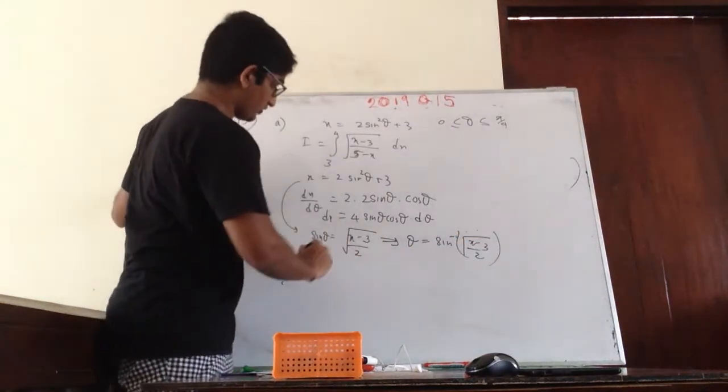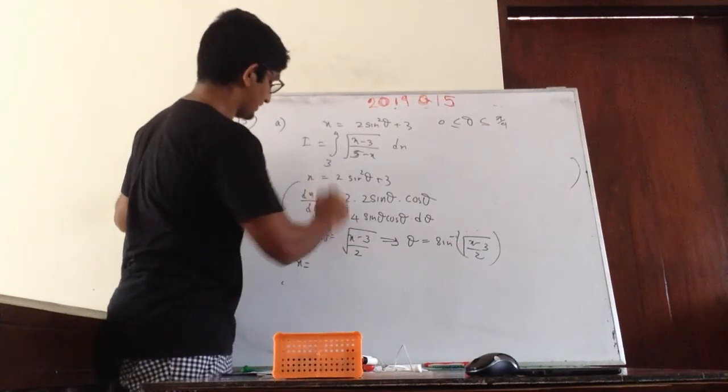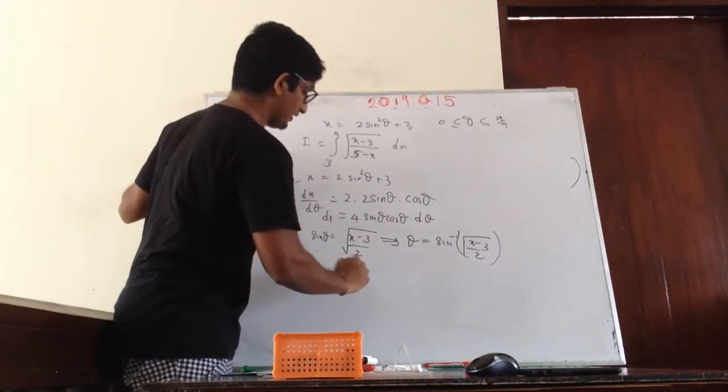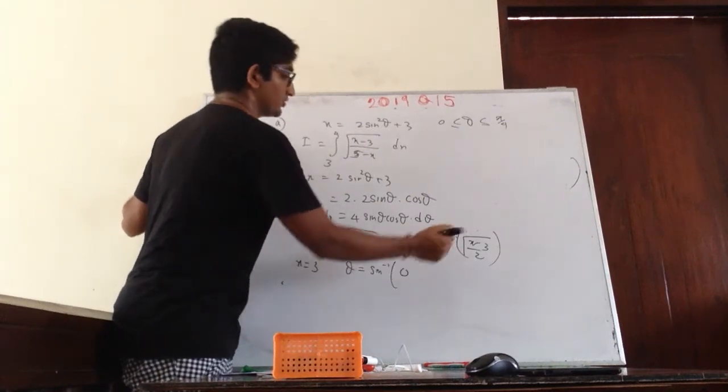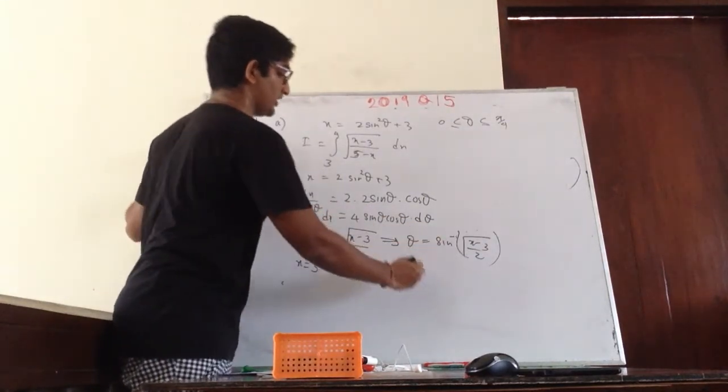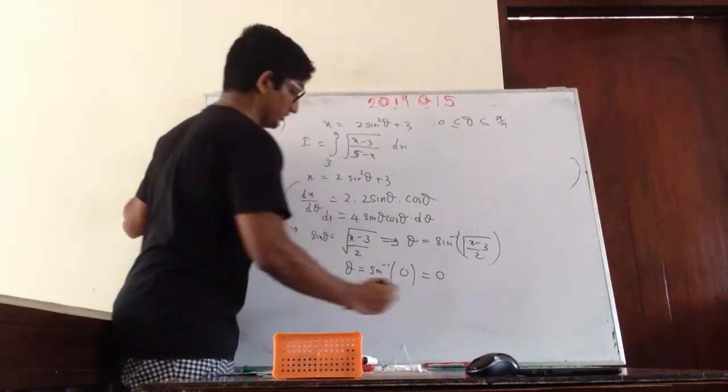Now let's see. When x equals 3, theta will be sin inverse 0, since 3 minus 3 is 0. That means theta is also going to be 0.